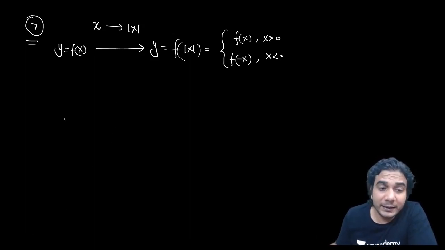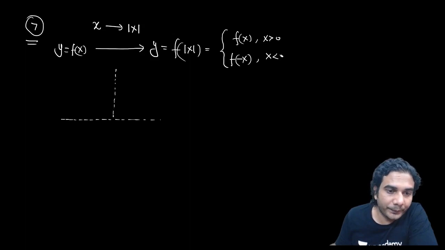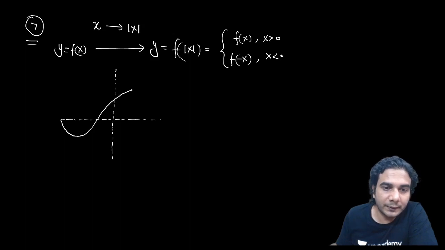So let's take the same graph as we were taking, the graph of y equals f(x), the base graph. This is your base graph, all right? This is y equals f(x).